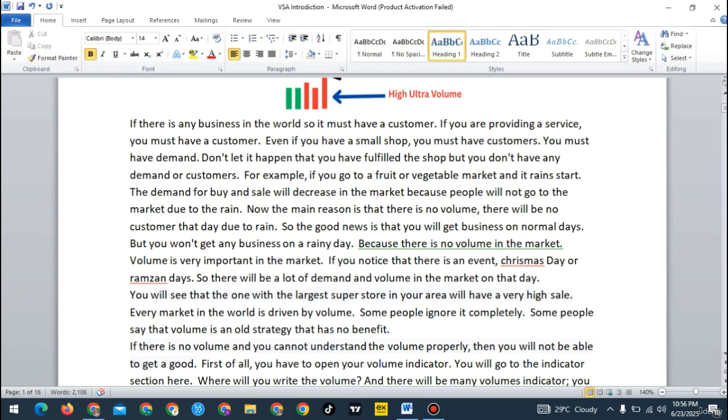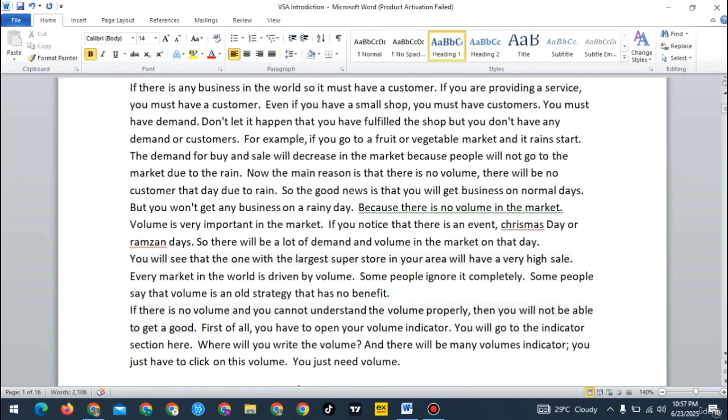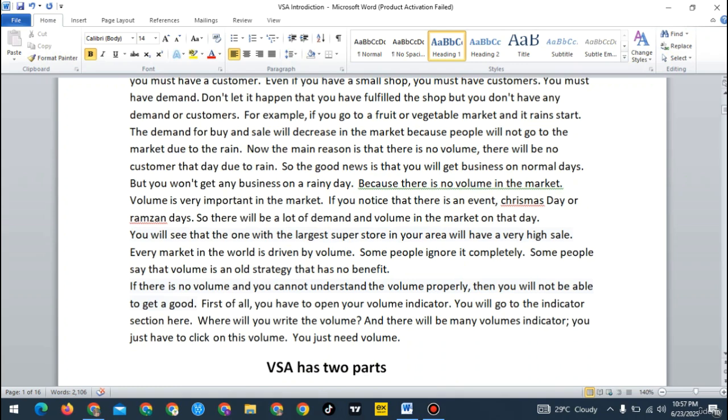If you notice that there is any event like Christmas day, Ramzan days, or any festival, there will be a lot of demand and volume in the market on that day. Suppose you see that the largest superstore in your area will have very high sales.